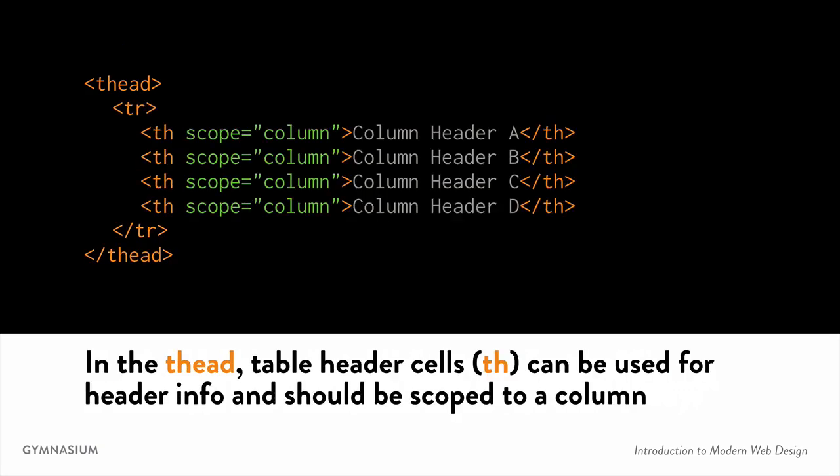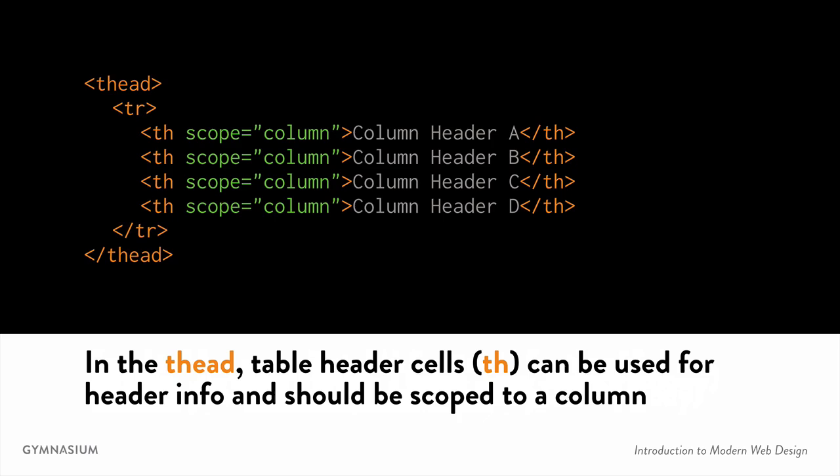For additional accessibility, we want to identify certain cells as being header cells. And for that, we have the TH element, which operates very much like a TD, with the addition of having the scope attribute. The scope attribute gives us the ability to define which direction the table header is scoped to. In this example, we see 4 table header cells which are each scoped to the column.